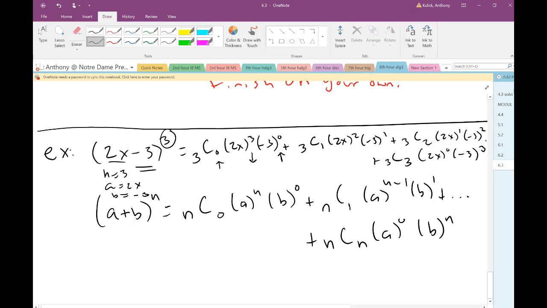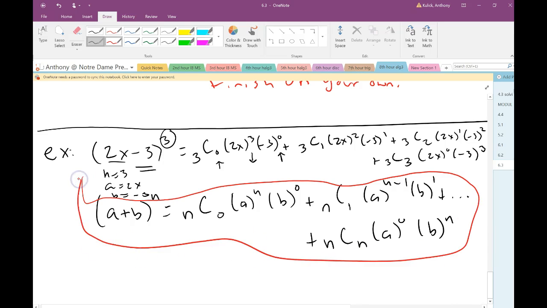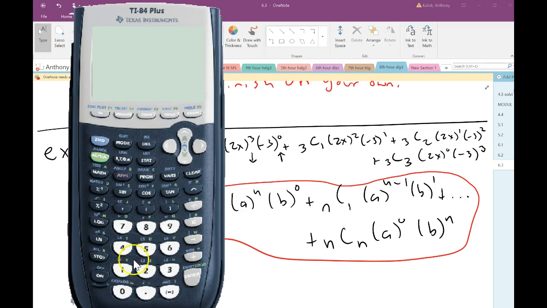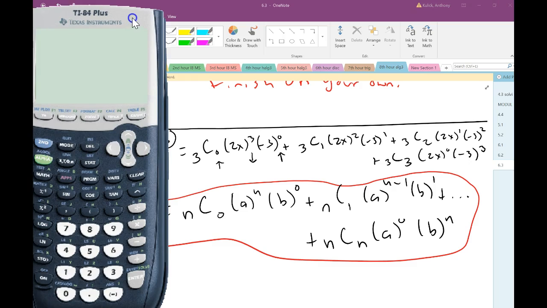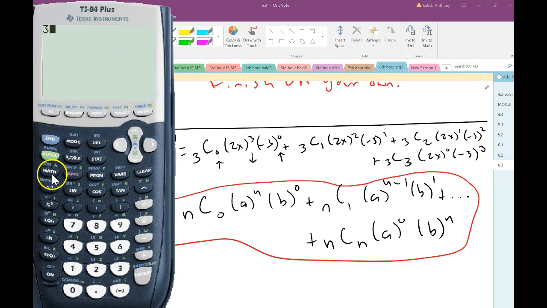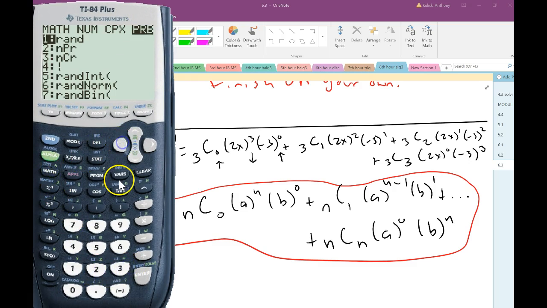Okay, and now what we'll do is map that off, and we'll type this stuff into our calculator. It's nice because this combination command is on our graphing calculator. So I'll type in 3, press the math button, move over to the PRB menu, and then choose the nCr command.